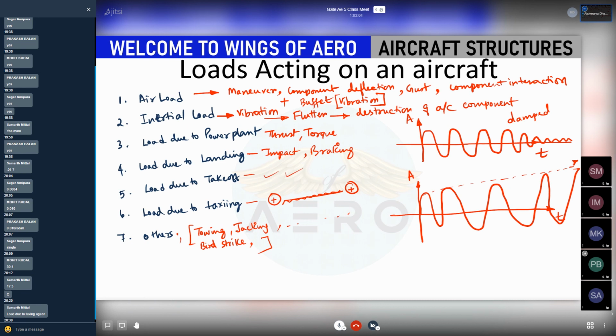There will be some jerk in the landing gear, and in the aircraft, because it is in motion, moving from one point to another. So that is the load due to taxiing. Also, if the aircraft is turning, there will be a zigzag way to reach the destination of takeoff or to come back after landing. So all those things come under the category of taxi loads.